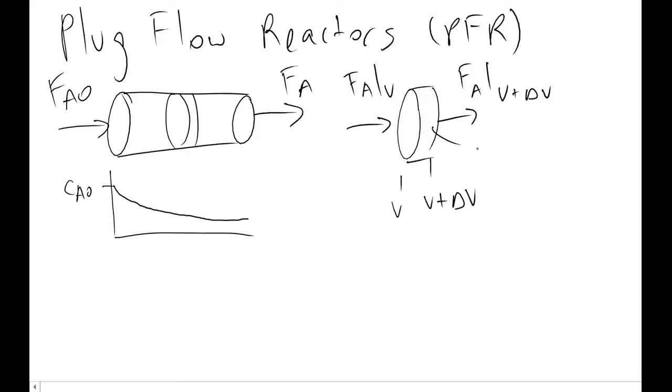Our reactant is being consumed at a rate RA per volume. So we need to multiply this by the volume of our shell, which in this case would be delta V.